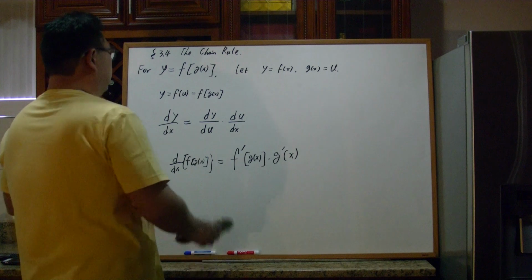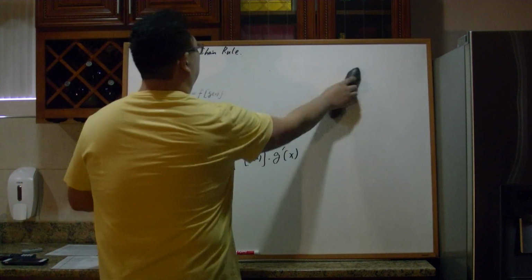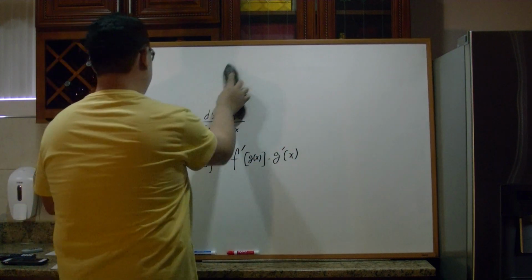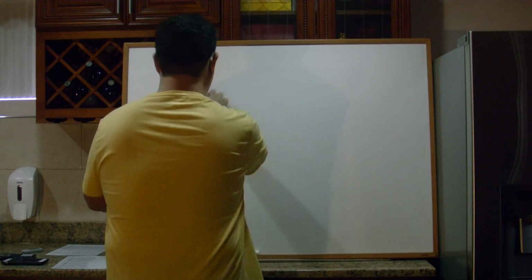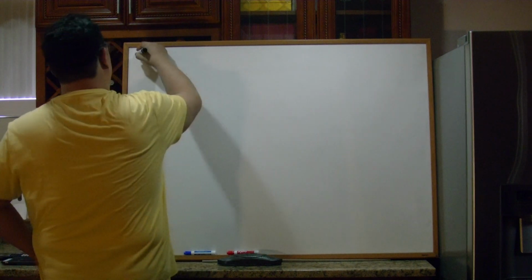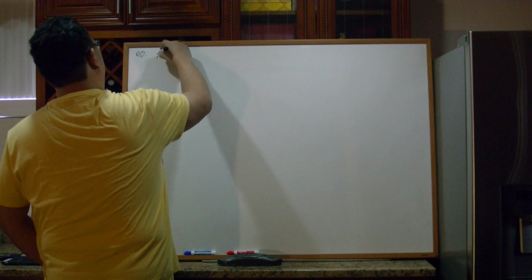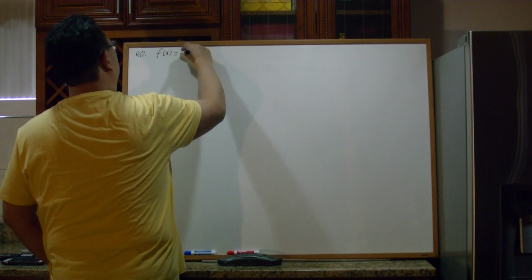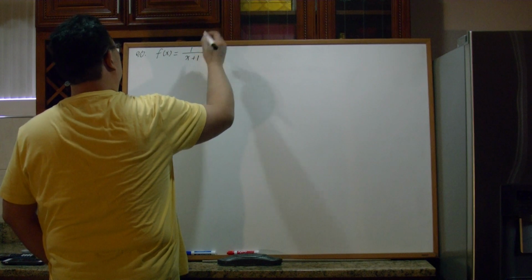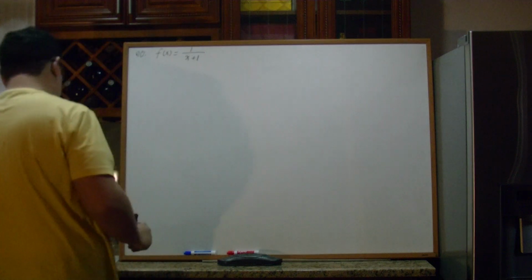Anyhow, I will show some detailed examples. But the first thing is to analyze the composite function: how they are composed. For example, f of x equals 1 over x plus 1 is itself a composite function.